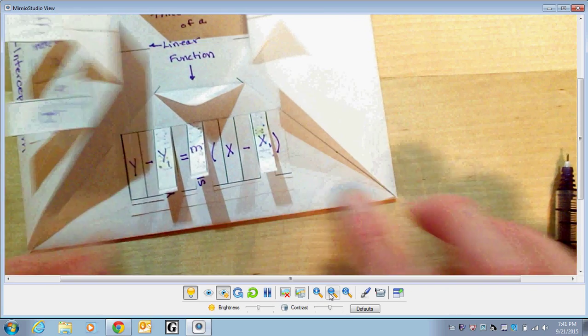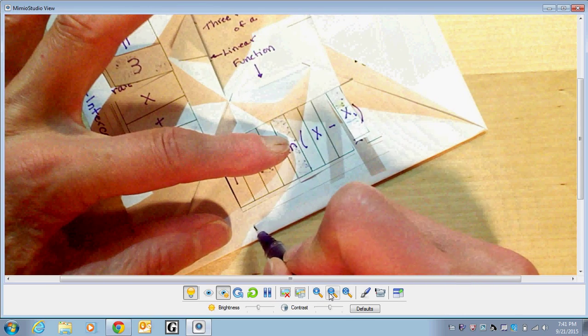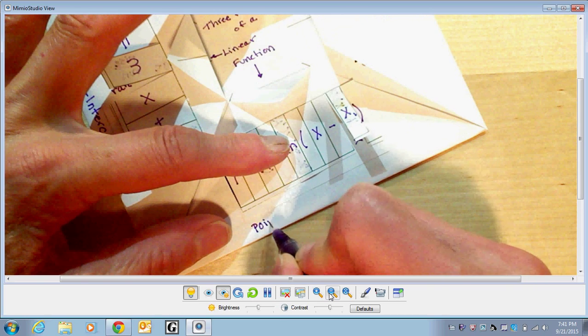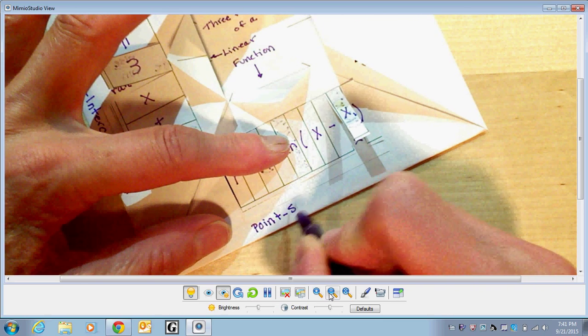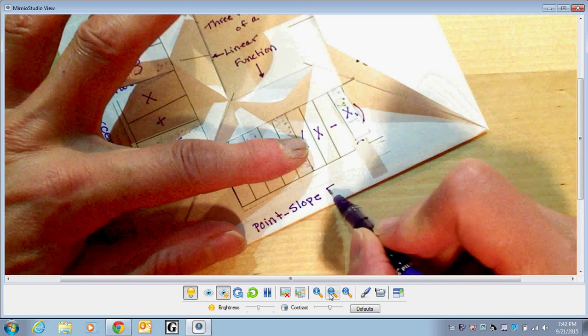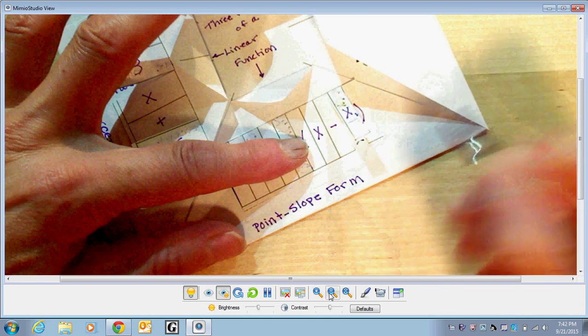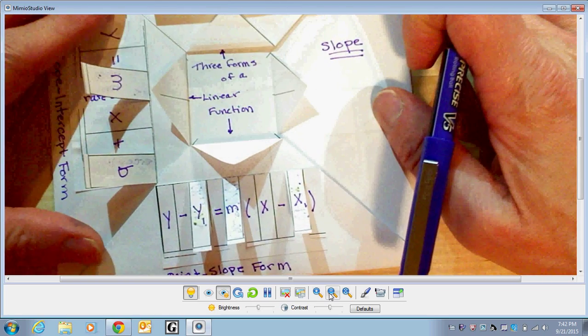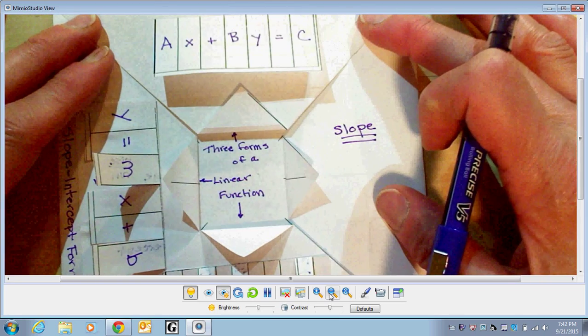And underneath, I'm going to write point, slope, form. Okay, so we have all the outside done of our foldable.